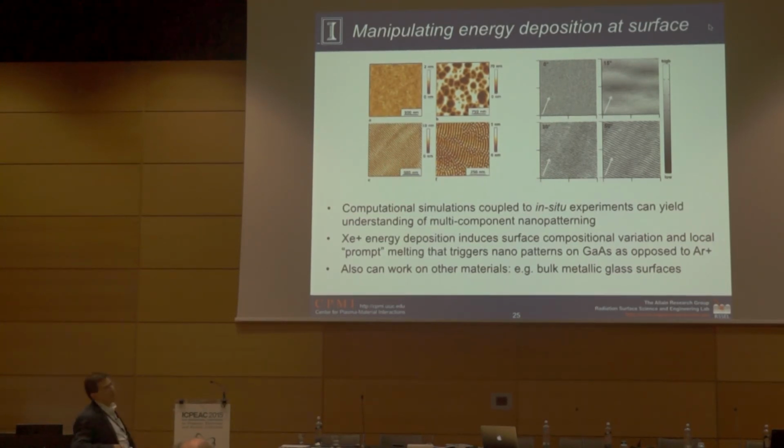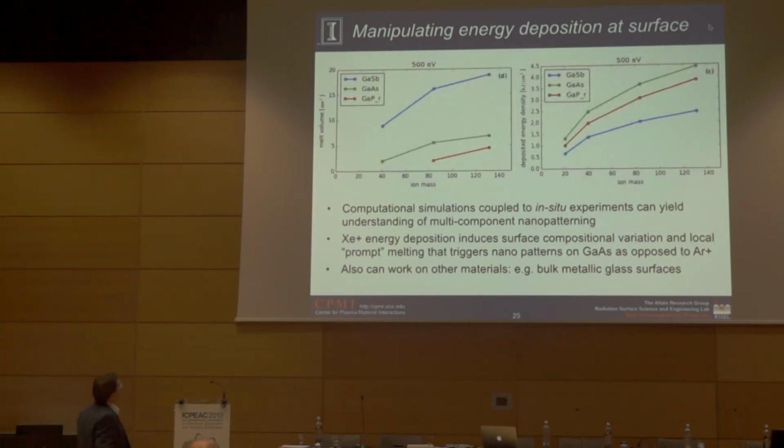On the right is the modeling that's predicting that response. If we now expand the models to two-component systems, like gallium arsenide and gallium antimonide, we're able to look at some of the physics going on and why the differences between xenon and krypton appear.